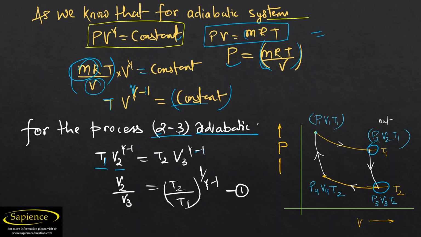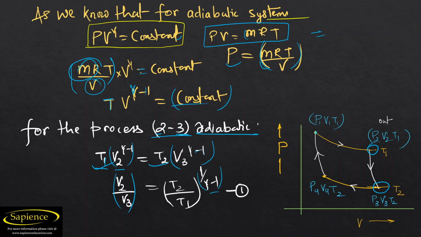We are just talking about the second and third process, with T1 and T2. So finally V2 by V3 is equal to T2 by T1 to the power 1 by gamma minus 1.